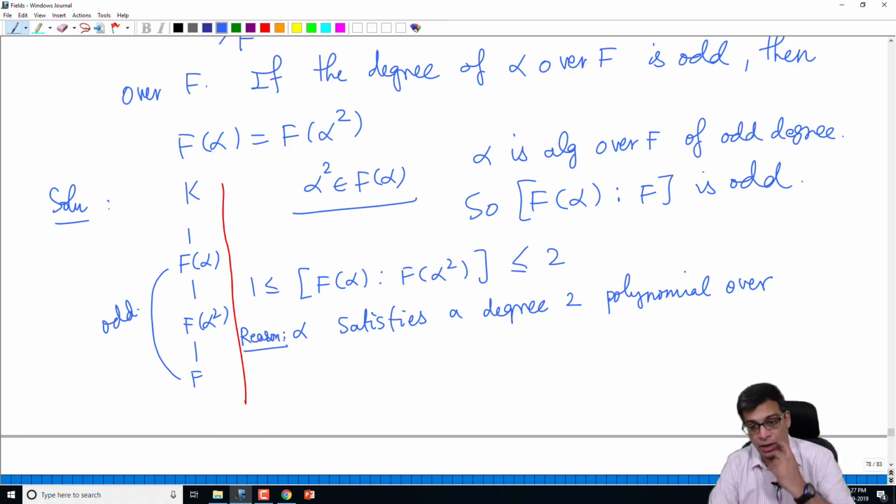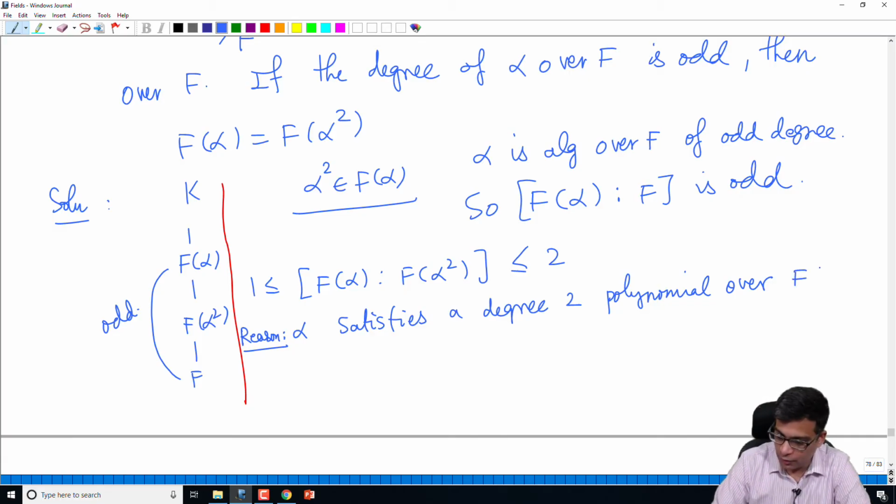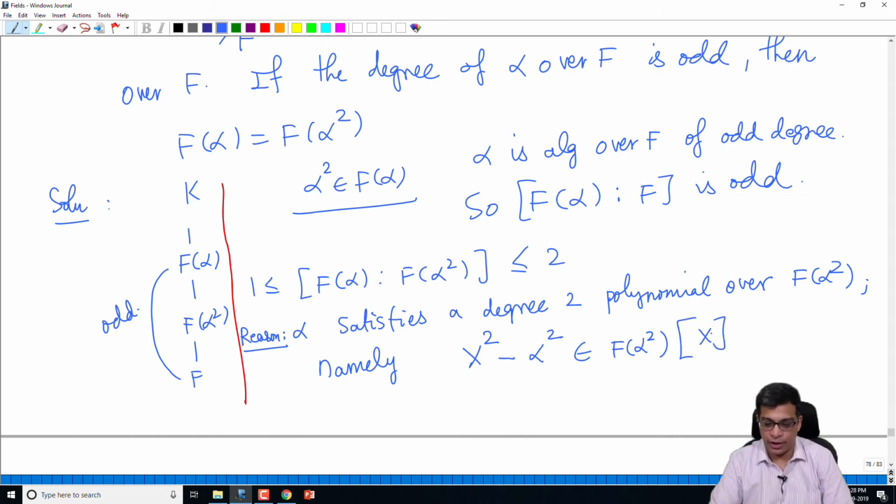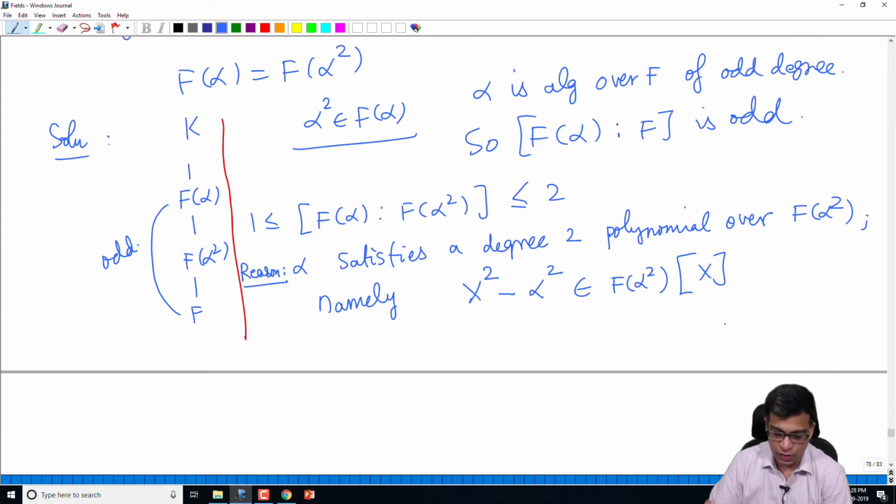The reason for the upper bound is that alpha satisfies a degree 2 polynomial over F(alpha squared), namely x squared minus alpha squared. This is a polynomial over the field F(alpha squared), right? Because alpha squared is an element of F(alpha squared). So this is a polynomial of degree 2 over this. If you take f equal to this, what is f(alpha)?